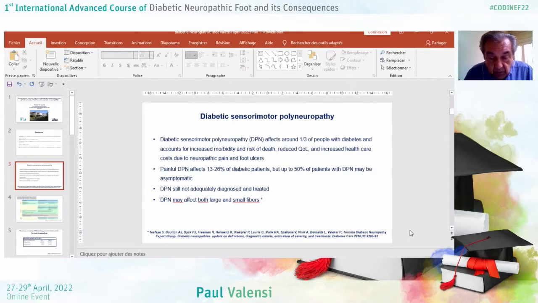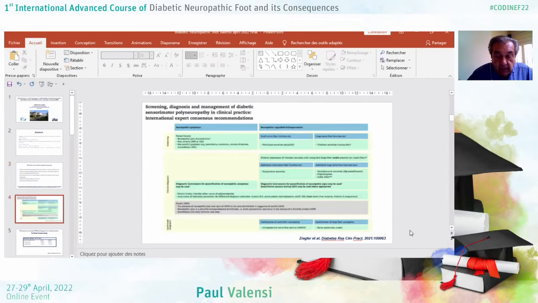And we also heard about the multiple targets of neuropathy, which may affect both large and small fibers. This slide shows a summary of the recommendation from an international expert consensus.